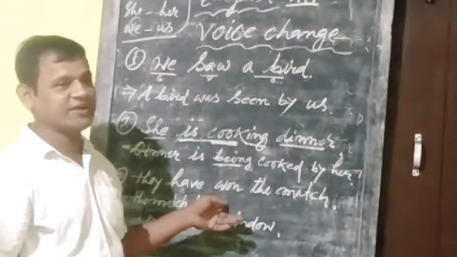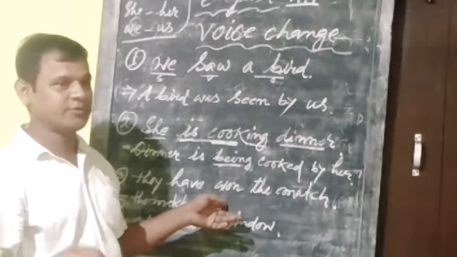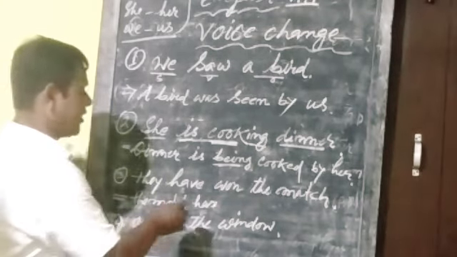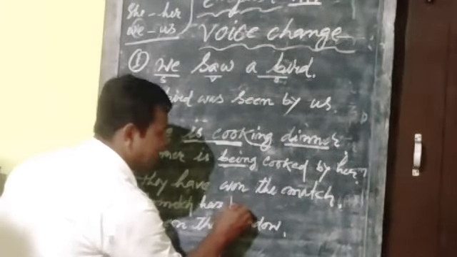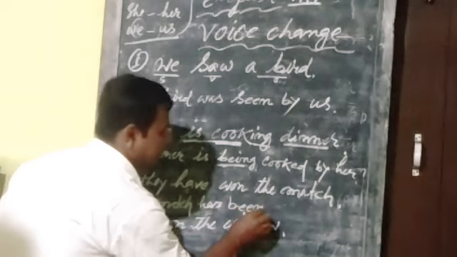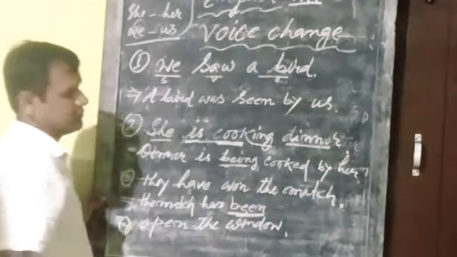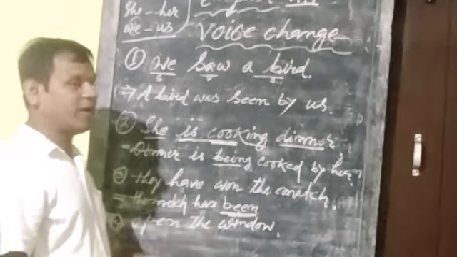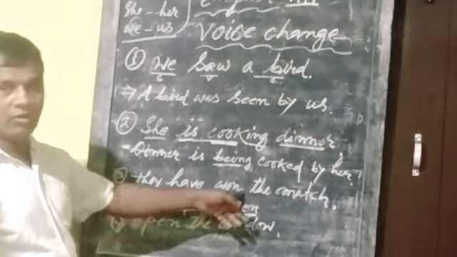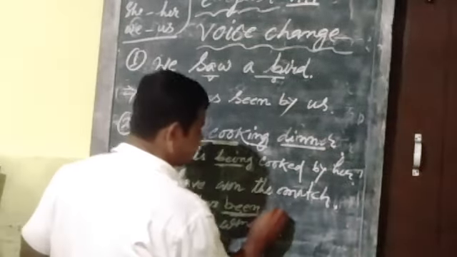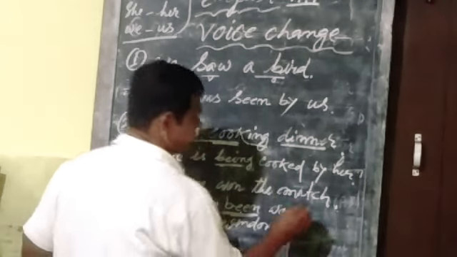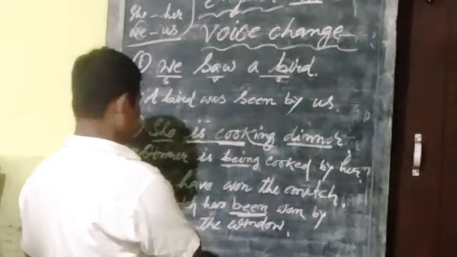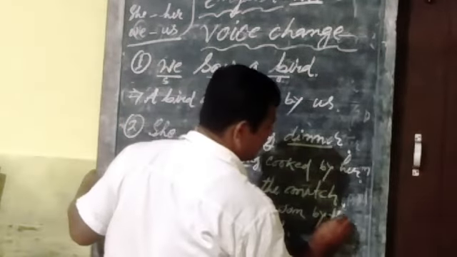In the present perfect tense, when we change from active to passive, we have to write have been or has been. With have or has, you have to write B-E-E-N, been. Then third form of verb, win, won, won. So verb is third form also, won. Now by preposition, then they becomes them.